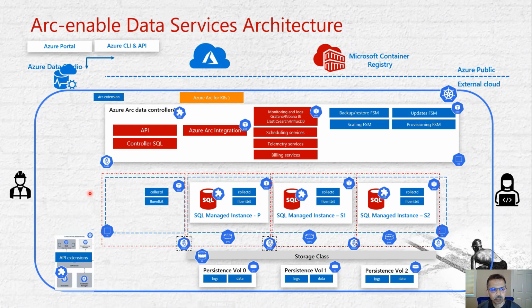AWS Cloud. This whole thing is your Kubernetes cluster, and this is where your master controller is running, on a master node or one or more, and these are worker nodes where individual SQL managed instances will get instantiated. In fact, all of the Azure Arc machinery runs on these worker nodes.